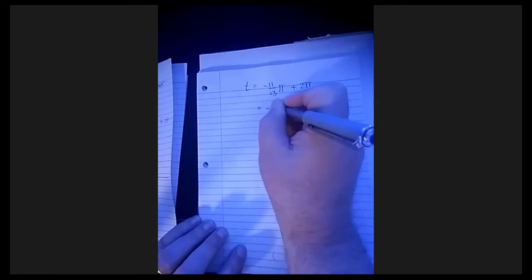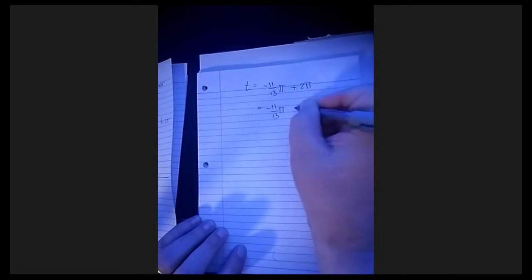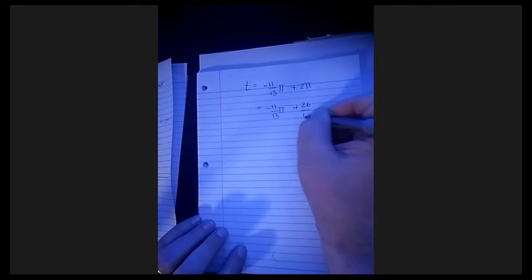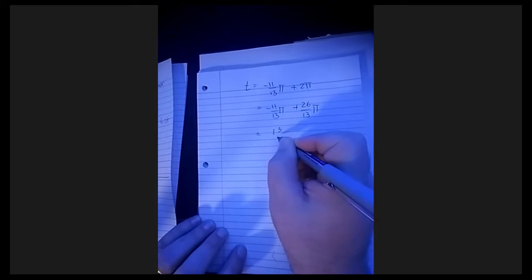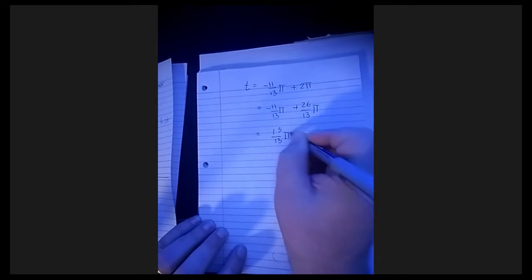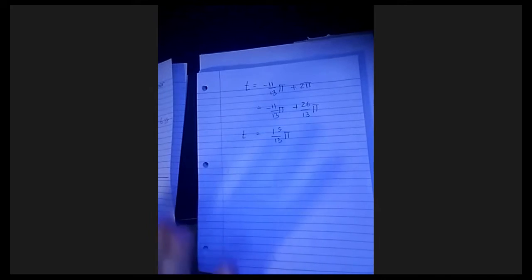This is a negative one, so I'm going to add 2 pi to it. So that's negative 11/13 pi, add 26/13 pi, and that gets me 15/13 pi. I want to get an angle that's somewhere between 0 and 2 pi, because that way I can put it into my unit circle, right?